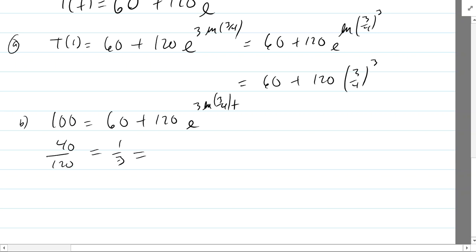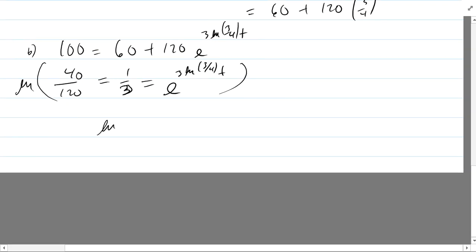That equals e to the 3 natural log of 3/4 t. How do I undo an exponential? Natural log, so I'm going to take the natural log of the whole thing. That's natural log of 1/3 equals 3 natural log of 3/4 t.